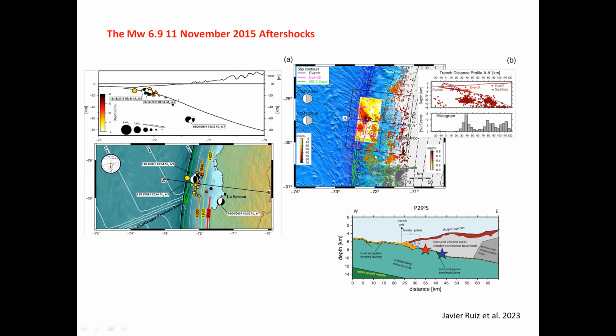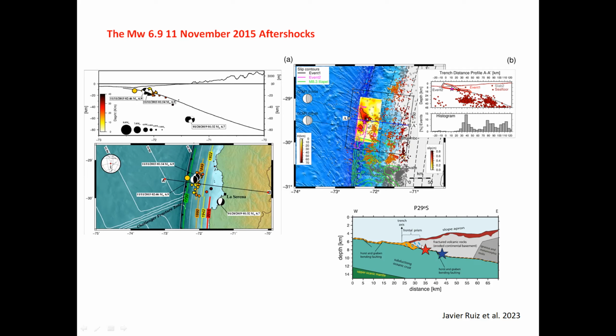Interesting, they have here a schematic picture, and the epicenters of these two 6.9 events are just after the frontal prism, in a zone that is fractured rock here, but here is more igneous and more competent rock. And in this part, close to the trench, because, like Eduardo said, we are at the north of the Juan Fernandez Ridge, the frontal prism is very small.